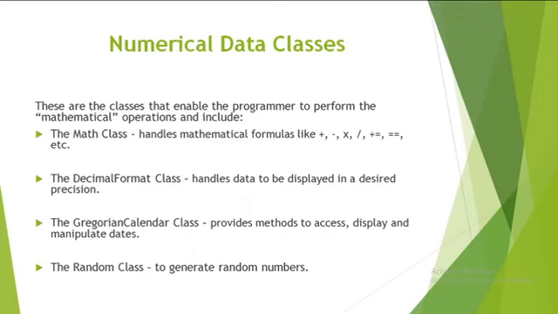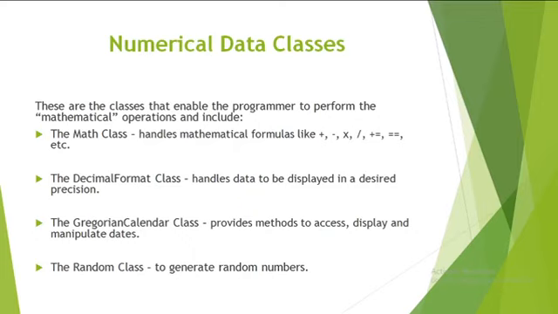The DecimalFormat class is used if you want to approximate something, just like what you were taught in secondary school, to 2 decimal places, 3 decimal places. You use the DecimalFormat class to format to any decimal place you want. The GregorianCalendar class handles dates, if you want to manipulate the date of when something happened or a date that has passed.